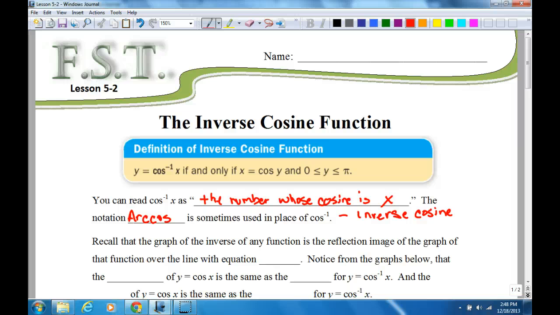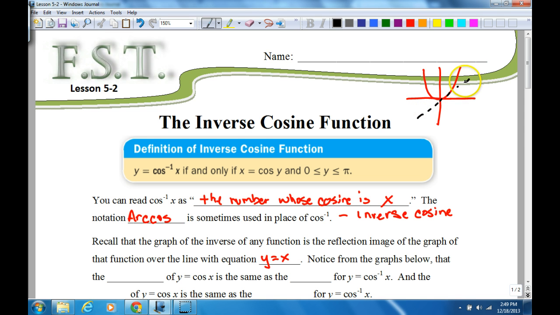Okay? So, recall that the graph of the inverse of any function is the reflection image of the graph of that function over the line with the equation y equals x. So, remember that if I have, say, a parabola and I want to graph its inverse, what happens to that parabola?